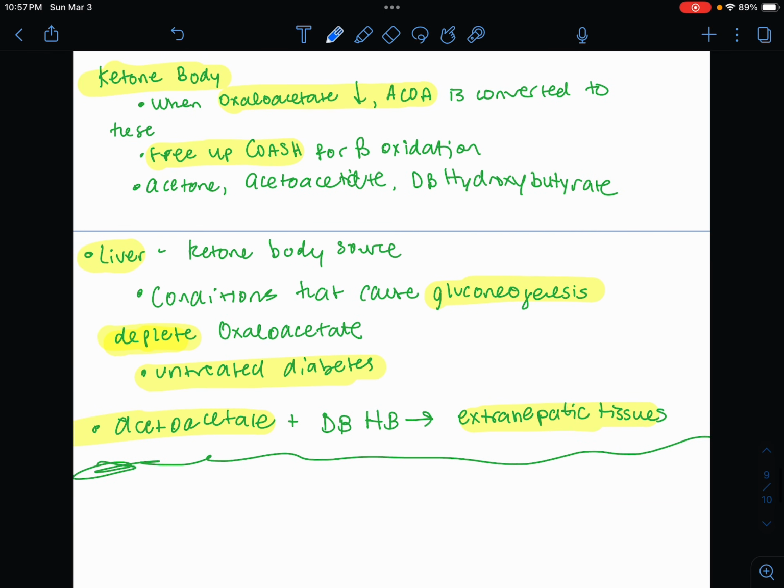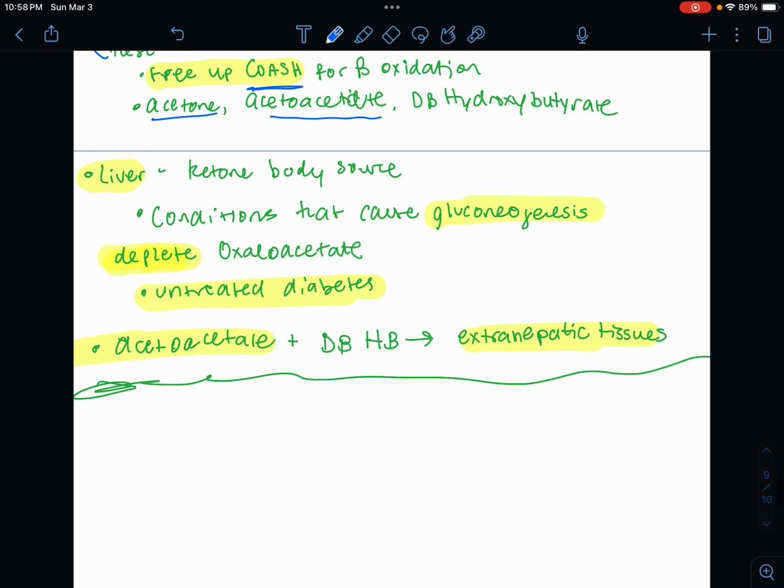Okay, we also have the ketone bodies. When oxaloacetate is low, acetyl-CoA is converted into the ketone bodies. This will free up CoASH for more beta oxidation, and some of these ketone bodies include acetone, which is exhaled. We also have acetoacetate, as well as D-beta-hydroxybutyrate. Those are just 3 types. Okay, so the liver is a ketone body source.